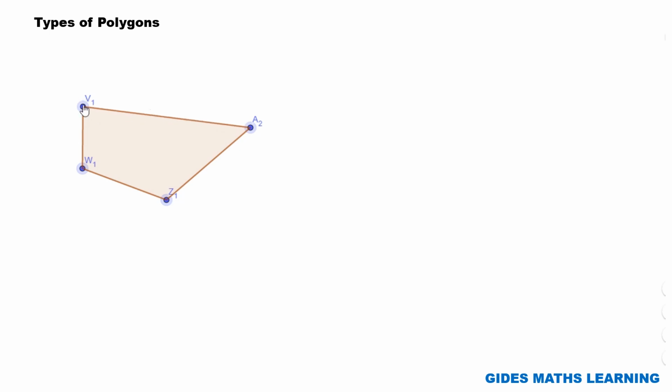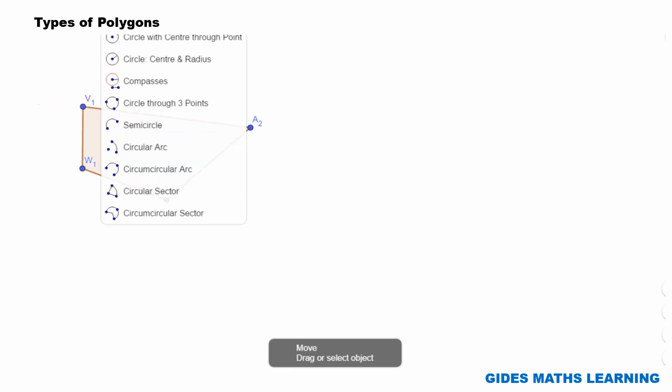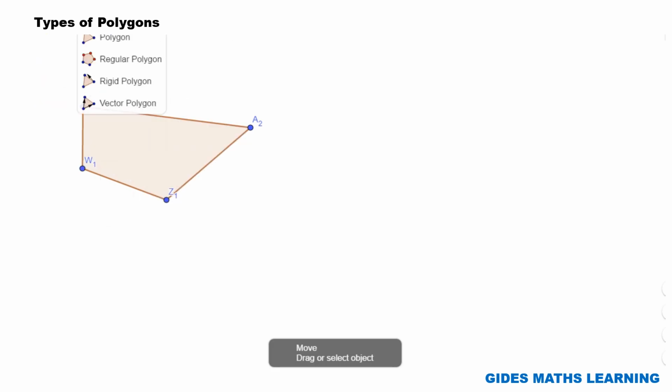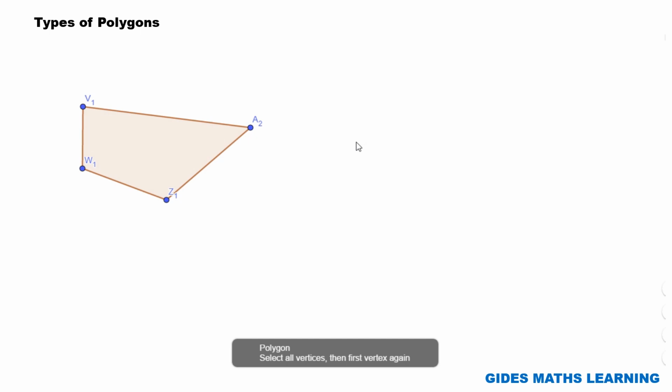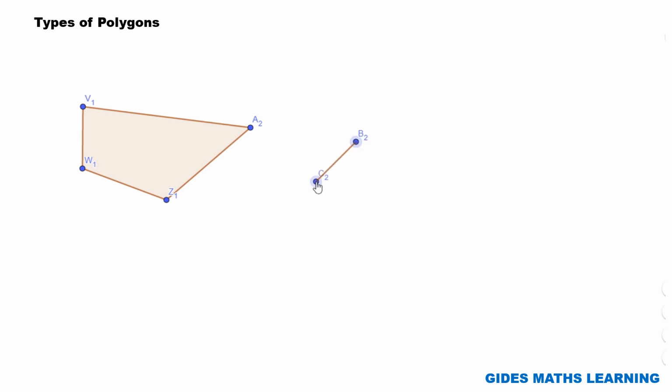This is a quadrilateral. Let's also draw another polygon, a pentagon.